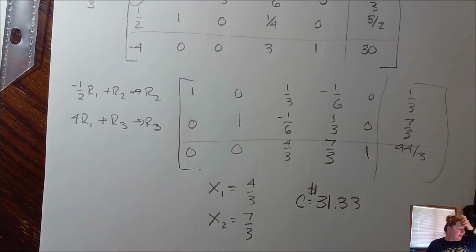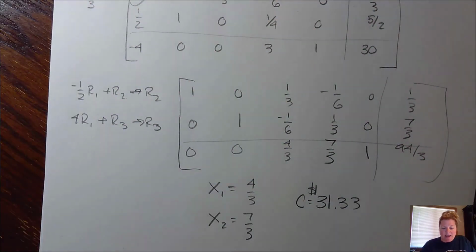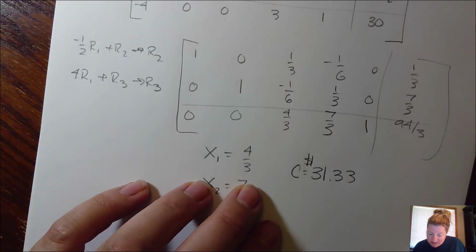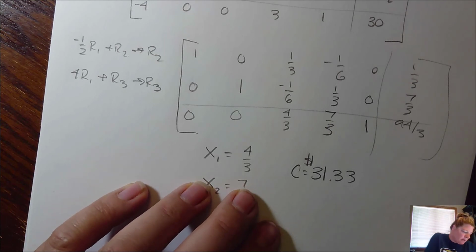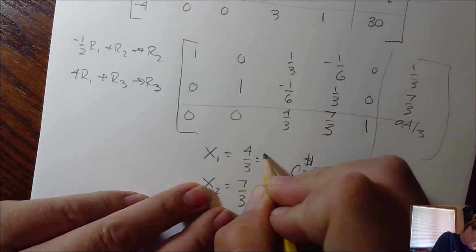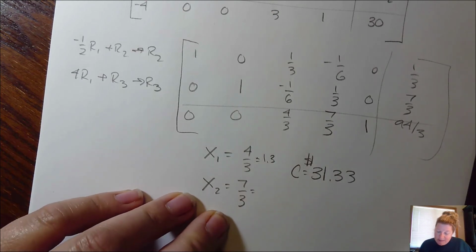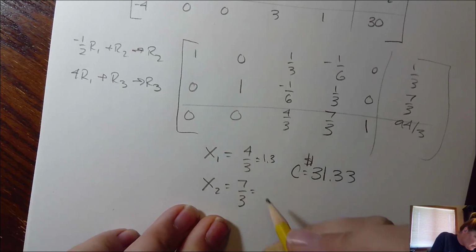All right. So if we go back to our original problem, we can't buy part of a container, right? So 4/3, 4 divided by 3 is about 1.3, right? And 7/3 is about 2.3, right?